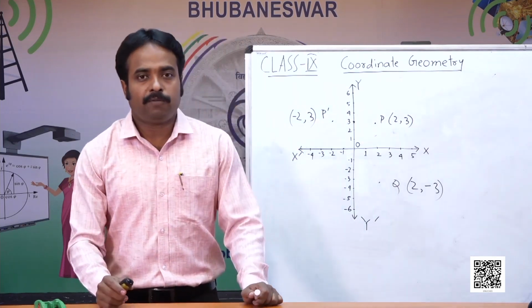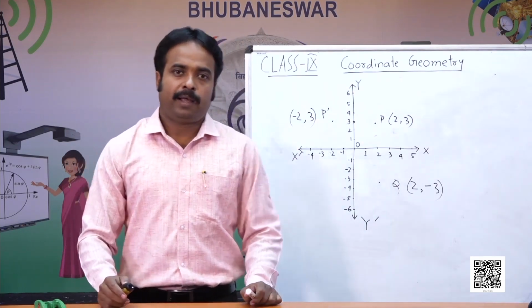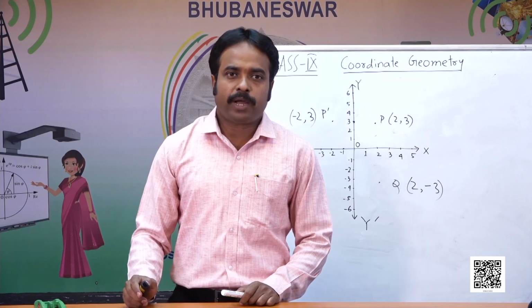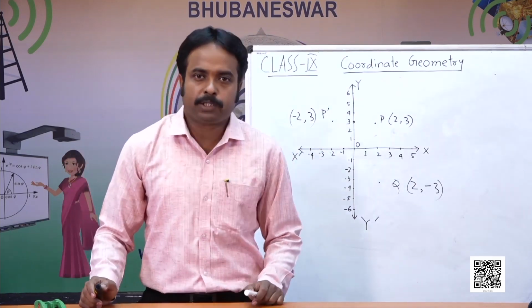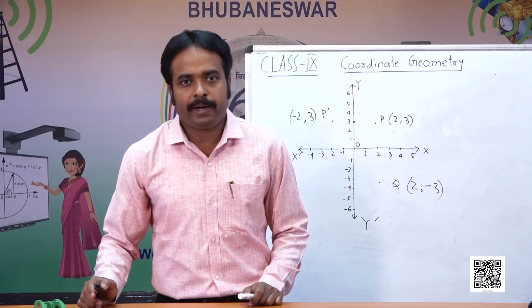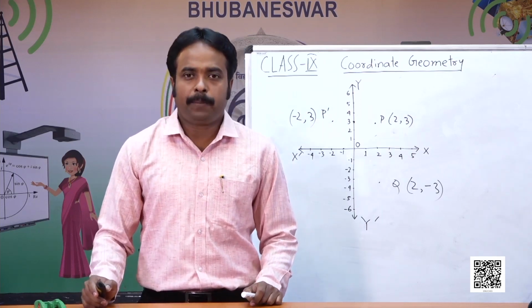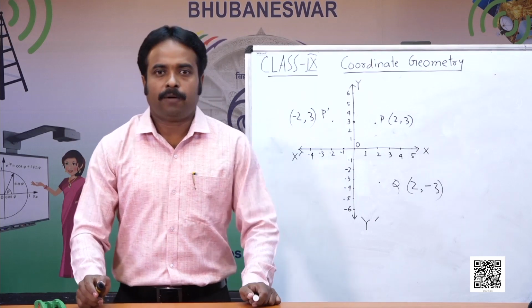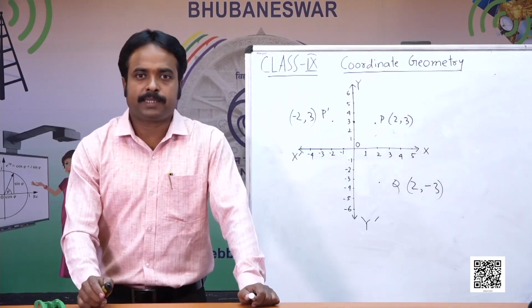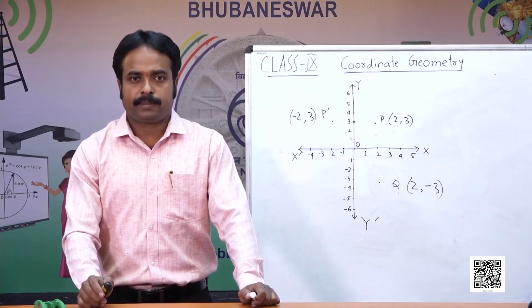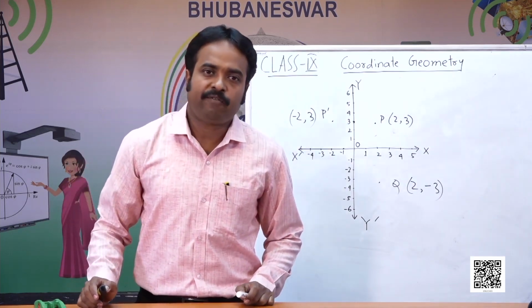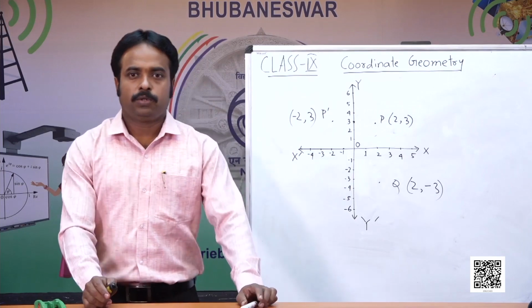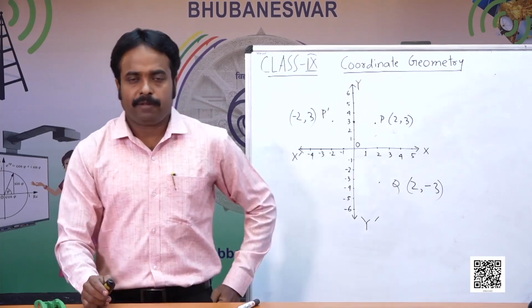Now, let us solve another problem. Try to find out the reflected image of this figure by finding the reflection of each of the vertices about the y-axis, and then draw the figure. So, ABC is the figure.